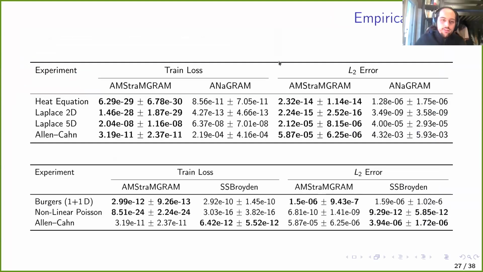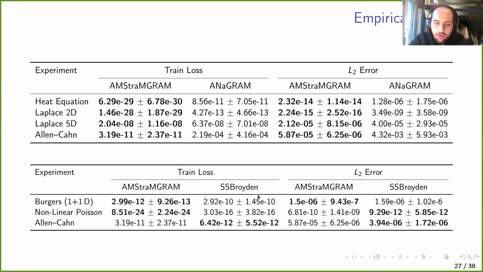So what are the results? Compared to AnaGRAM, we lower a lot the training loss, but also the L2 error. And so for simple equations like heat and Laplace, we essentially reach the machine precision error. On some problems which are more high dimensional or non-linear, of course we don't have such good performances.